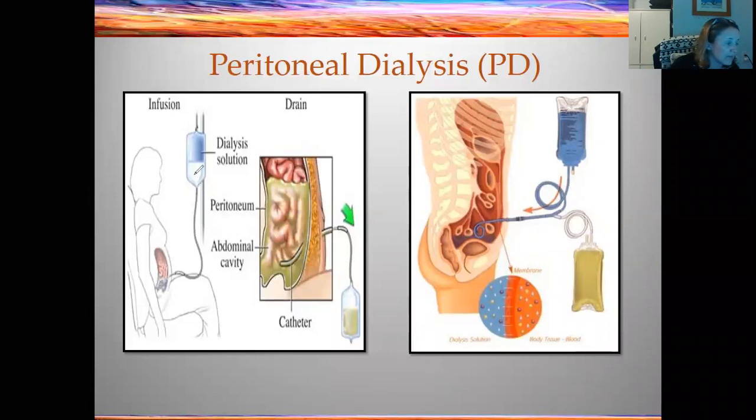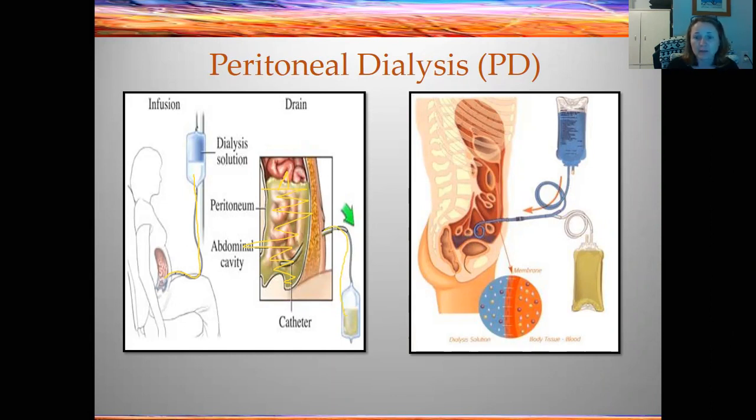So we have the dialysate going in, it fills up, see this peritoneal cavity, this is that fluid filling up that peritoneal cavity. So it goes in and then it sits. You get that waste crossing across that semi-permeable membrane of the peritoneum and into that fluid, and then later that fluid is drained out.